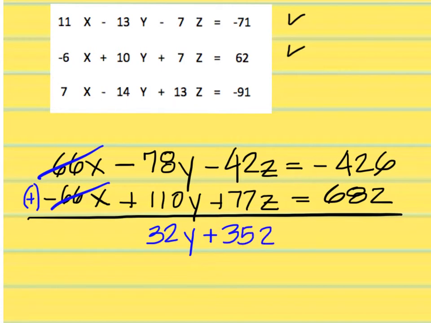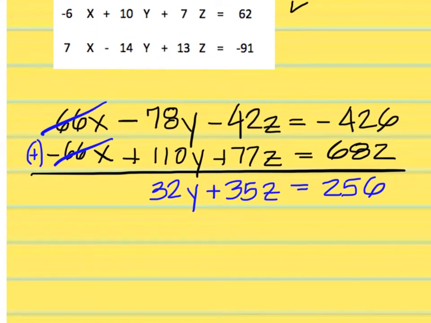So 35z, and then negative 426 plus 682 is 256. Alright, there is the first one that we have generated. So let's go to equations 2 and 3 and change those into 42s because we have 6 and 7. Multiply this one by 7, this one by 6.